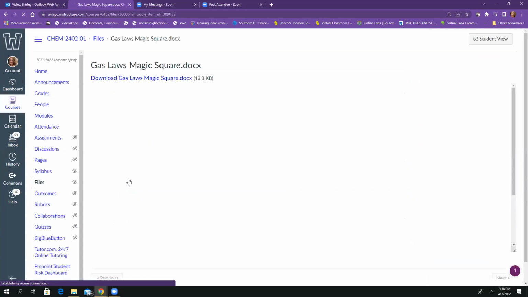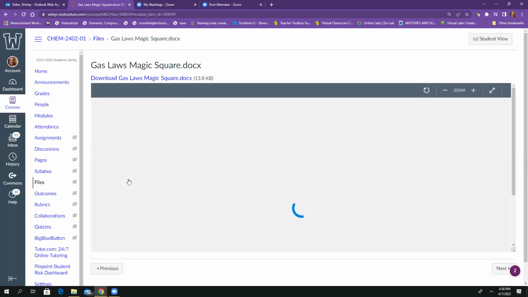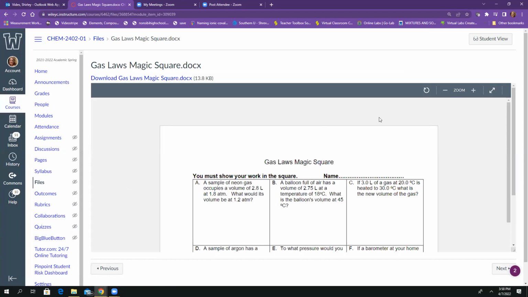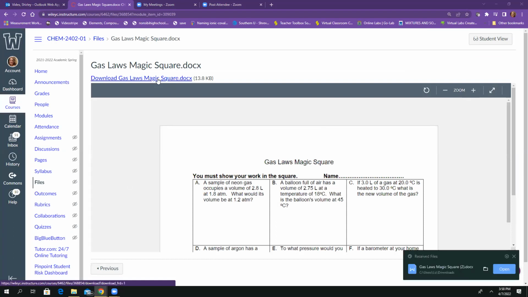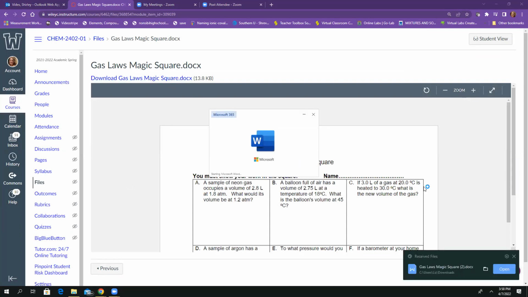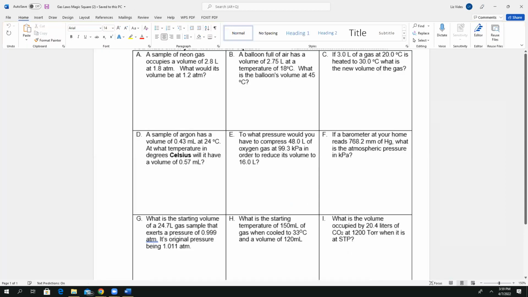So basically you have a lot of problems and they're all the kind of thing that you can do. So let's go ahead and try to solve the magic square. What is a magic square? Well, it has a number that you have to find.